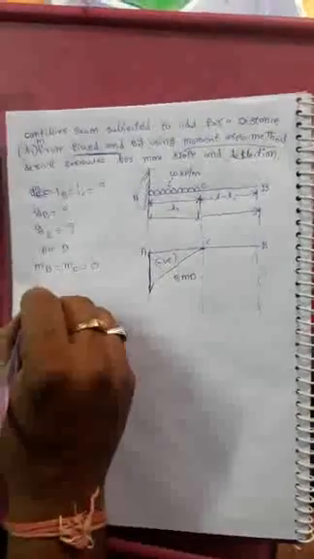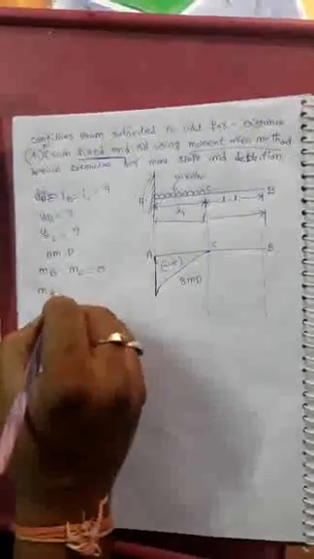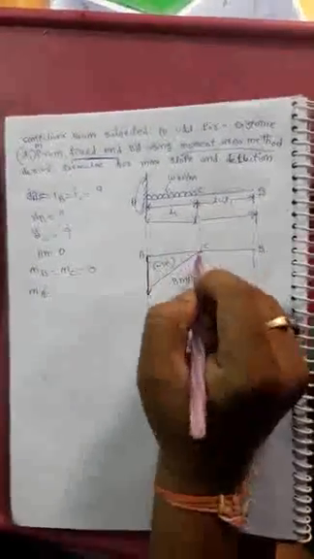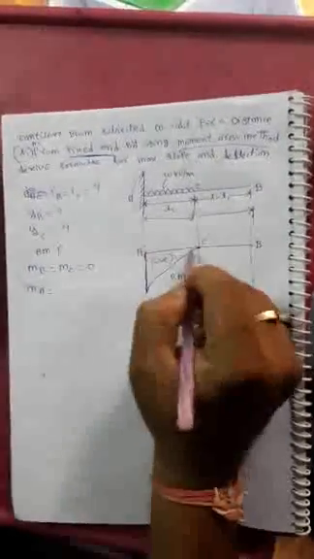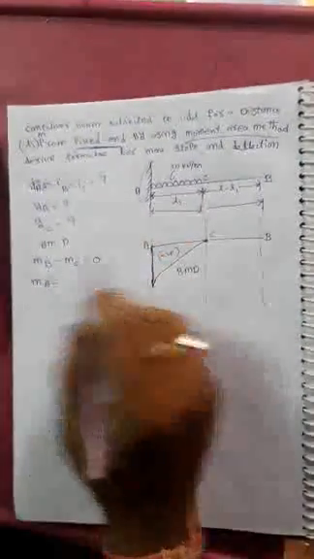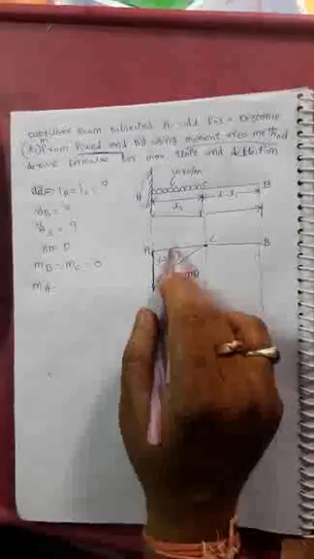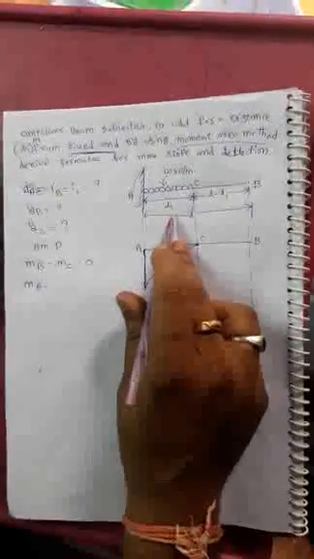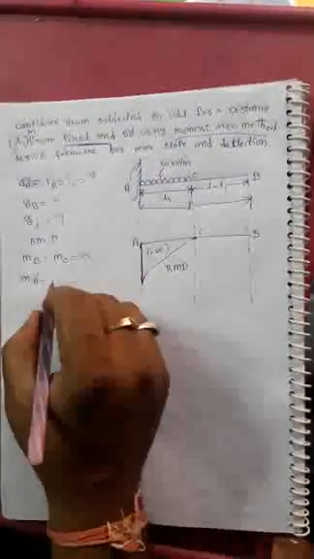Next, the moment at A. The portion from C to A is carrying the UDL over the beam length L1. The formula is downward load minus upward load, and a downward load gives a negative bending moment, which is force into distance by 2.